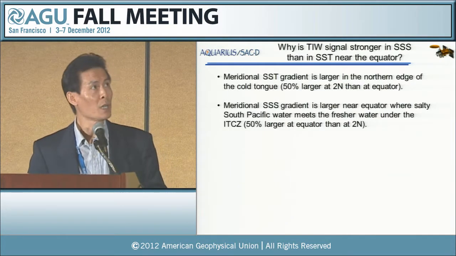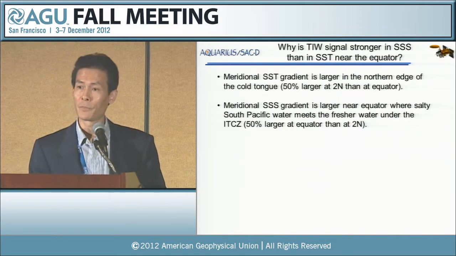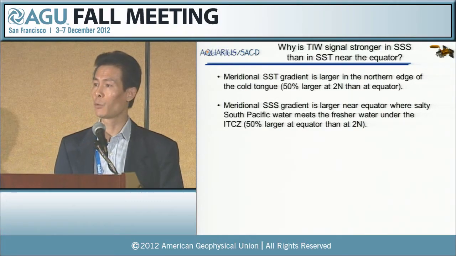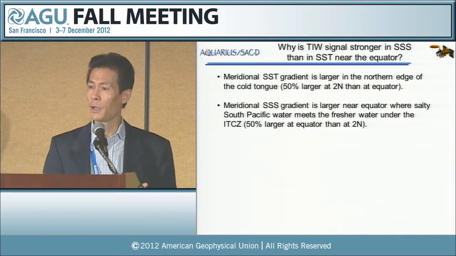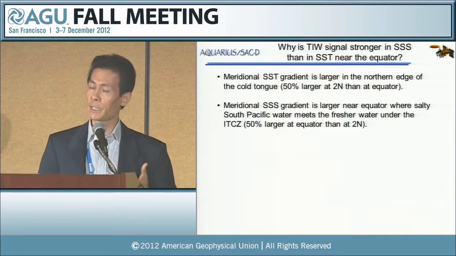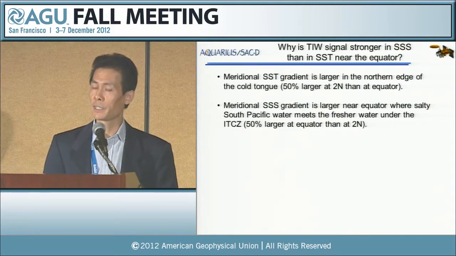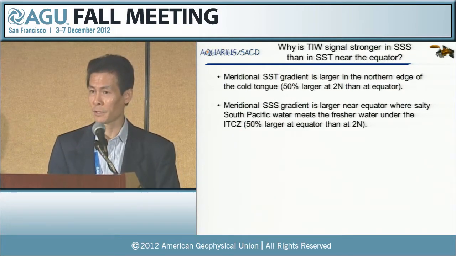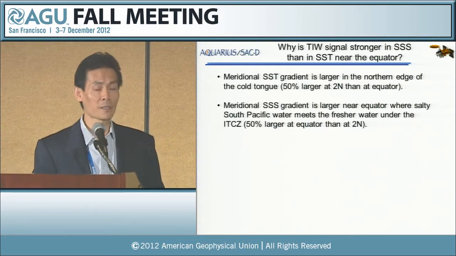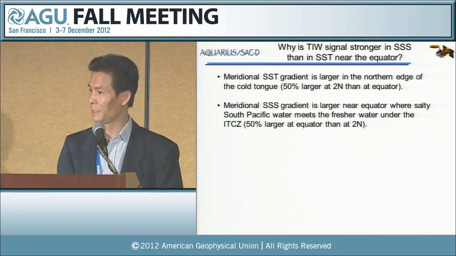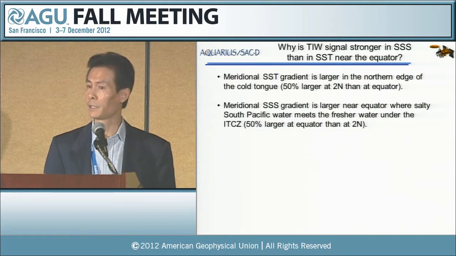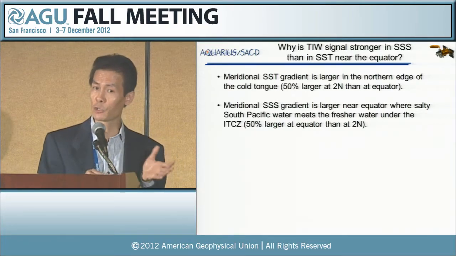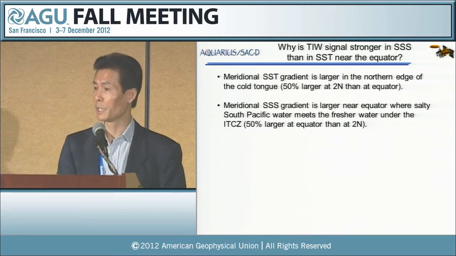So the first point is, why is the salinity variability associated with TIW larger near the equator than SST? Well, apparently that's because the meridional gradient of SST is the largest near the northern edge of the cold tongue, say near 2 north, whereas the meridional gradient of salinity is the largest near the equator, where the salty South Pacific water meets the fresher water under the intertropical convergence zone.